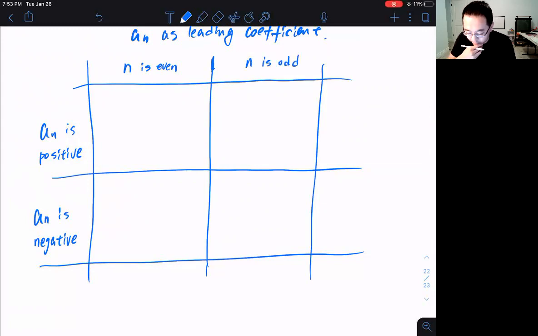Because the nth power, the highest power, is either even or odd.